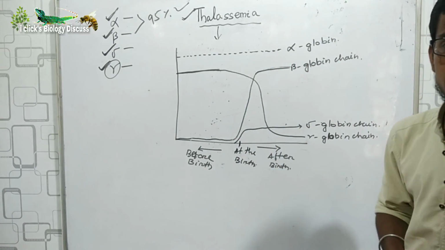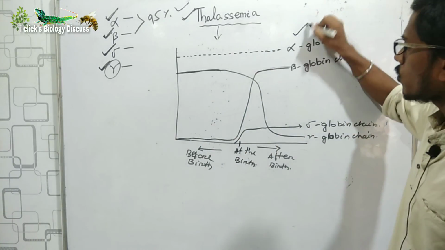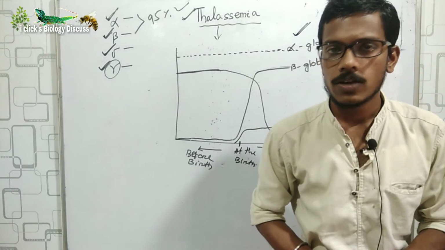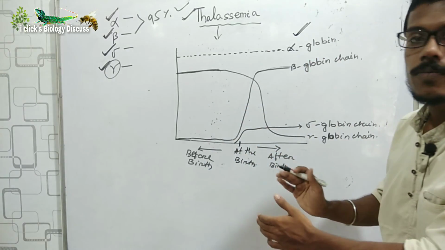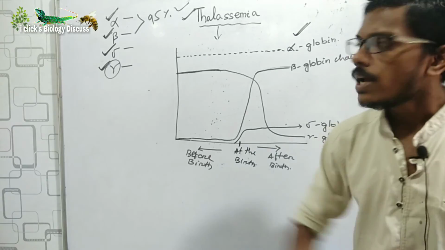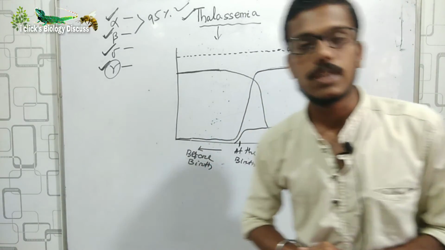But if you see the alpha globin chain, that is synthesized throughout the life, so that it is contributed with the beta globin chain, with the delta globin chain as well as the gamma globin chain.